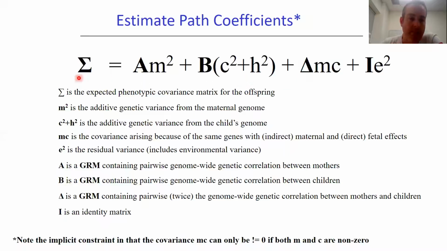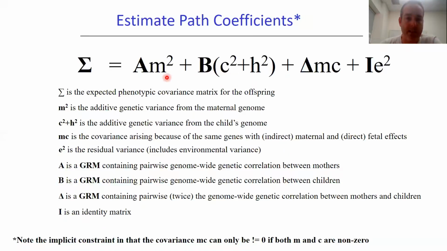The thing I like about this parameterization of the model is that it contains what's called an implicit constraint. And that is basically that the covariance term can only be non-zero if both M and C are non-zero. And that kind of makes sense, right?